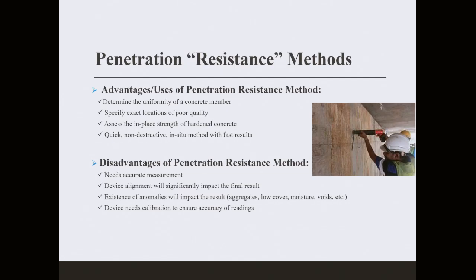It will end up giving you a very high, unreasonably high result. Or it could be the opposite. You might end up with an air pocket near the surface and you get a number that is lower than usual. So you're either underestimating or overestimating.